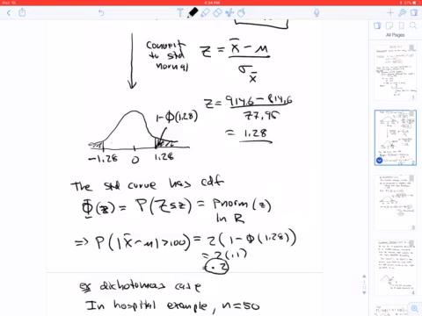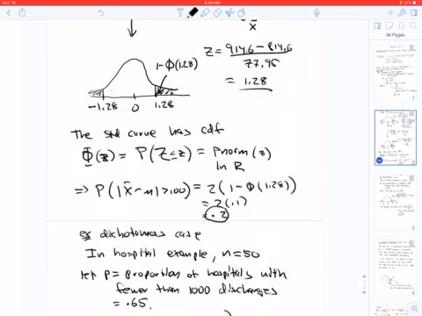The CDF of a number z is defined as the probability that your standard normal is less than z. You can find this in R as pnorm of z, and that's just what we need, right? So we can write our answer in terms of phi, and we find that it's 0.2.